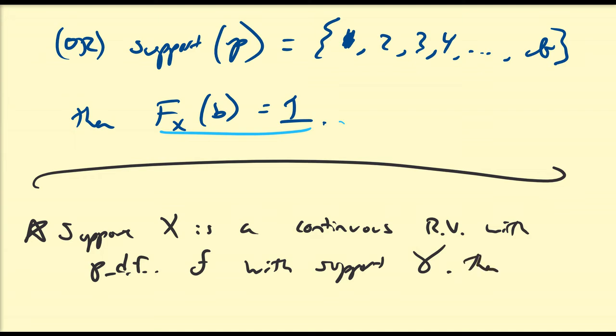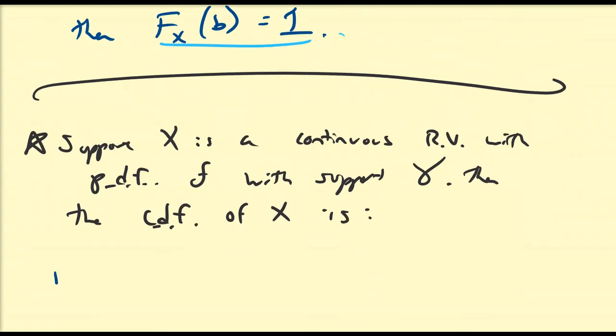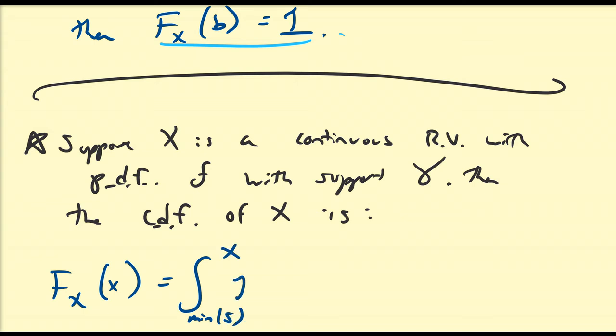Then the CDF of x is given by the following. So capital F of x, same notation, is going to be equal to the integral from the minimum of the support to some value x of our probability density function, which is usually denoted by f_X of t dt.